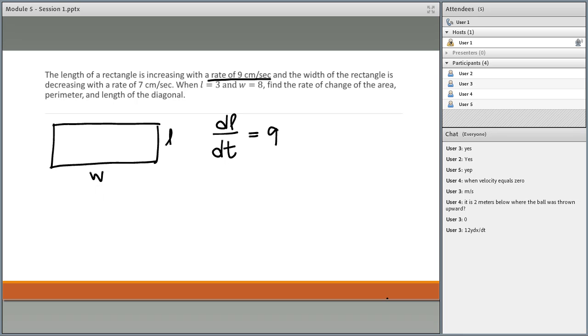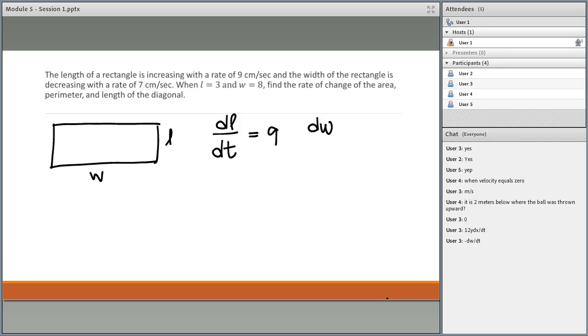Okay, we were also told that the width of the rectangle is decreasing with a rate of 7 centimeters per second. So what does that represent? Good.